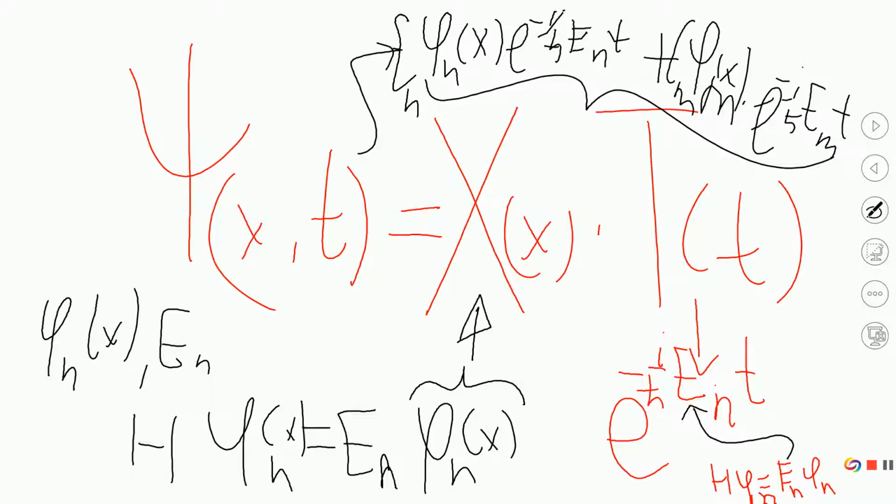So this one is general, and this one will be particular. Here I'm showing only two terms. But if you have 100 solutions of the time-independent Schrödinger equation, then there will be 100 terms in this expansion. And it will be a solution.